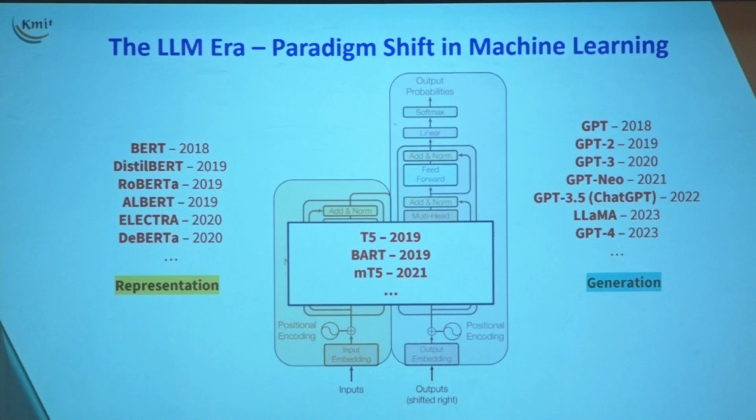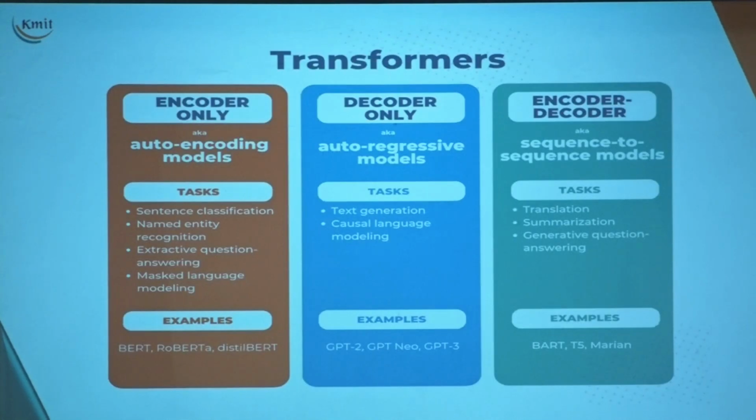Now as you can see, the three different types of transformer models are what? Only encoder-based transformer models, both encoder-decoder based transformer models, and finally only decoder. So where is your ChatGPT here? GPT is a decoder-only based model.